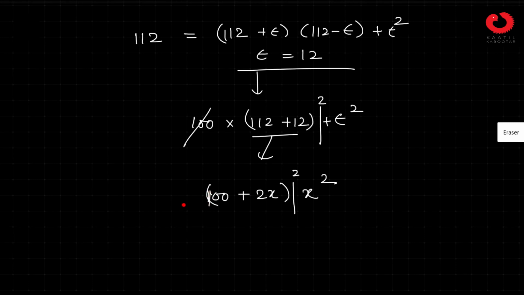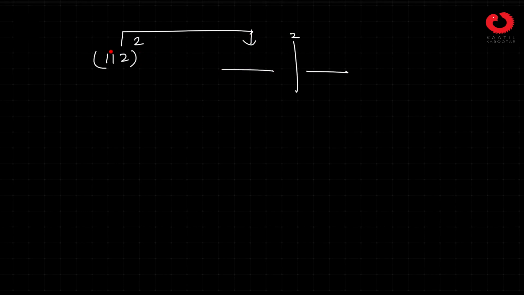Okay, so suppose a number will be given to me like 112, what I will do quickly, I will just tell you. I will see that this particular number will also be made up of two parts. First part, how far away this number is from 100. So I can see this is plus 12.